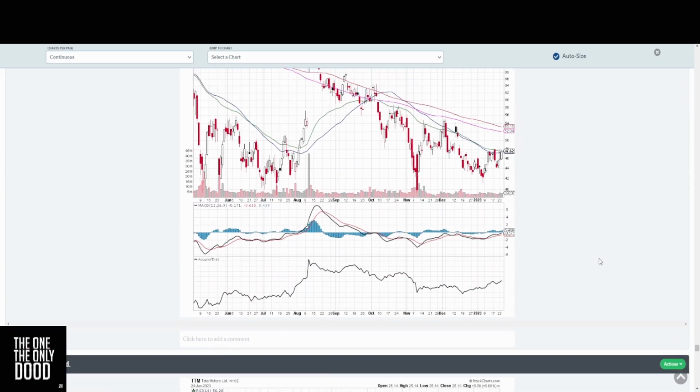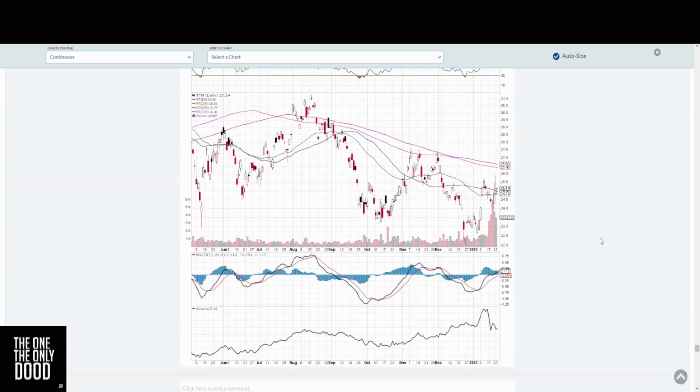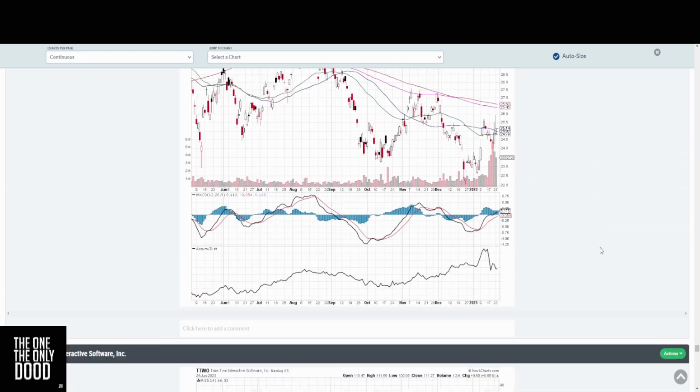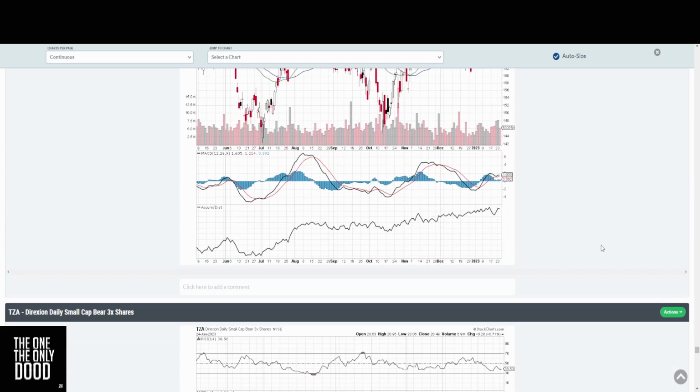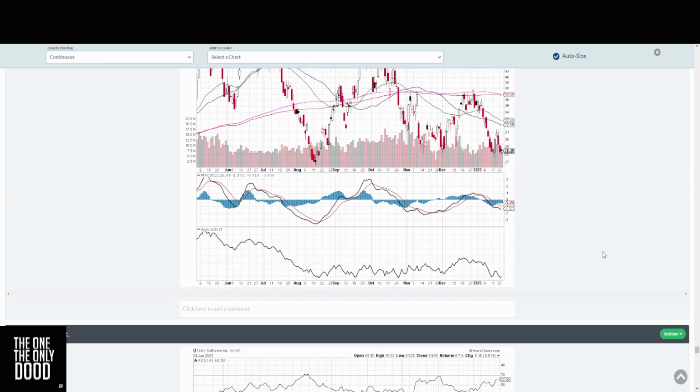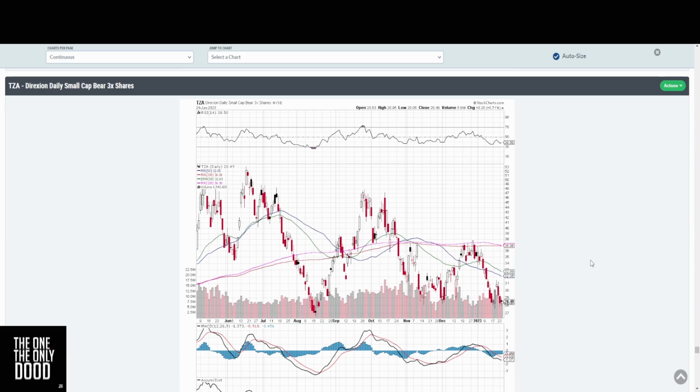And there are so many things I look for in a chart. I would consider TZA bullish. TZA looks bullish.